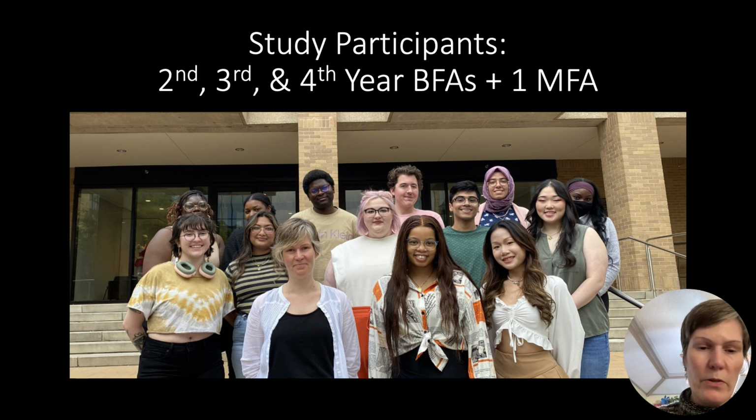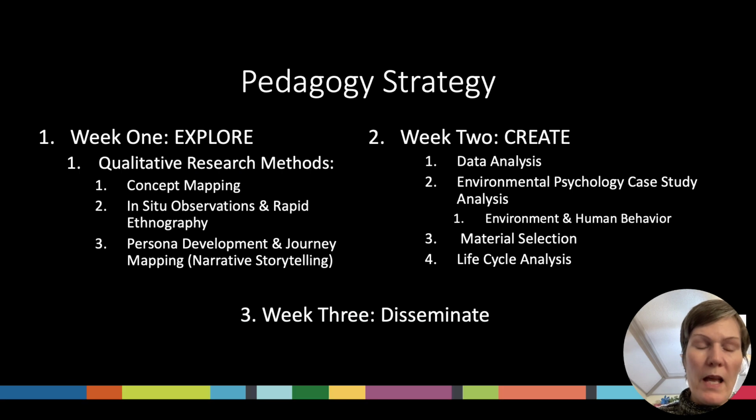This project included students from our BFA program, second year, third year, and fourth year students, and our MFA program. In this project, Sustainable Design for Healthy Communities, we as educators had a 3-week strategy through which to run the students through this educational experience.